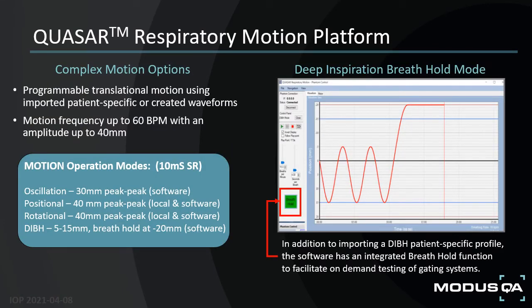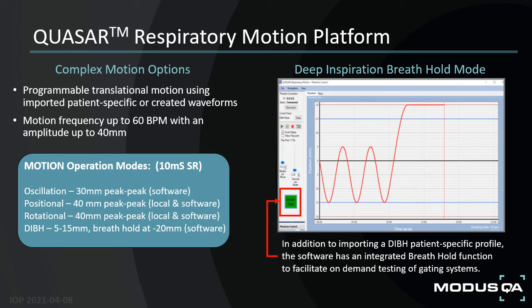Just a little bit more detail regarding the actual motion options associated with the motion platform. As I mentioned previously, the motion platform is capable of locally controlled programmable translational motion, in which a physicist can import patient-specific waveforms or create their own waveforms using the wave editor tool.